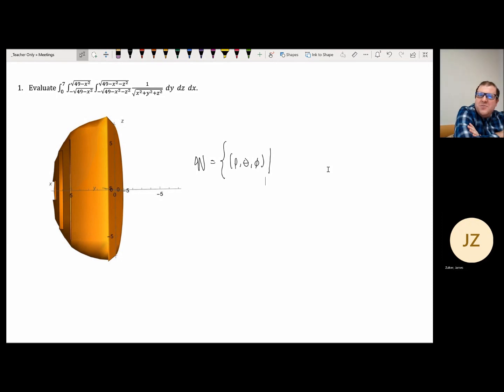Rho is the distance from the origin to the point. So if we take any point in this region, what is it bounded by? And clearly at the origin, it's going to be 0, right? What if I pick a point on the surface?